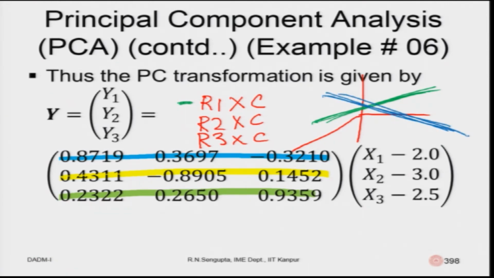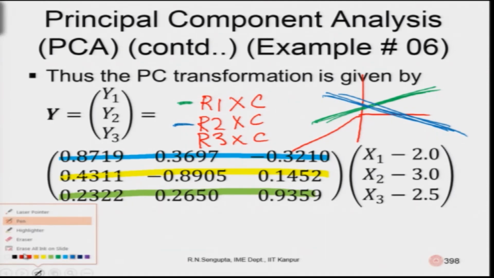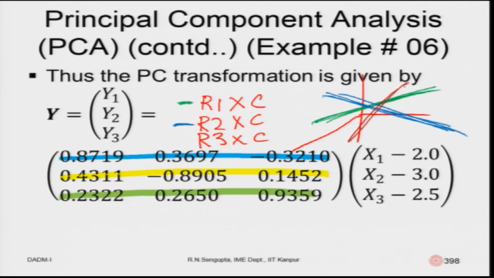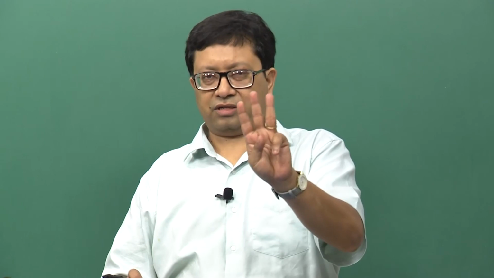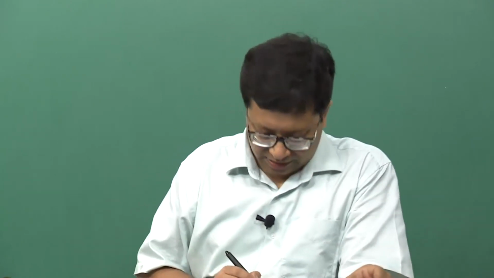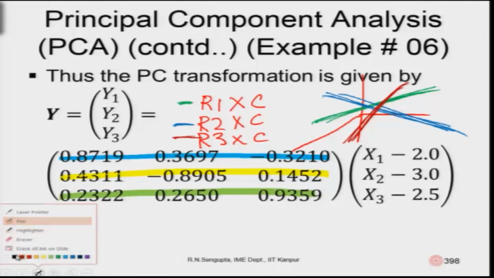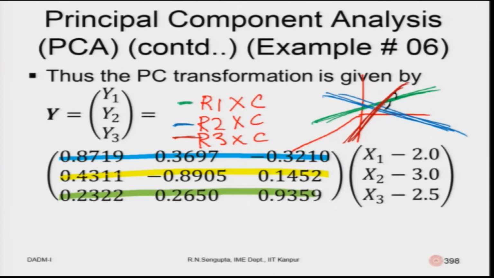Remember, I am not able to draw it here, it will be orthogonal corresponding to this, and the third part would be again orthogonal corresponding to this. So, we will be mapping the eigenvectors multiplied with the corresponding standardized x1, x2, x3 because there are 3 x's, and map them in such a way that they are orthogonal, which means the angles between them will all be 90 degrees because eigenvalues and eigenvectors are done accordingly.